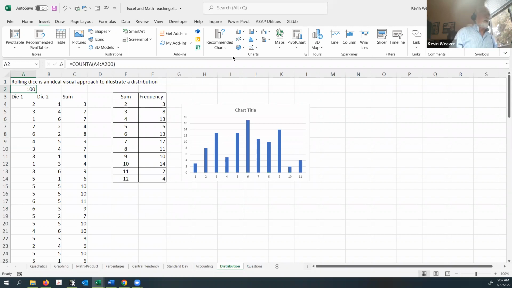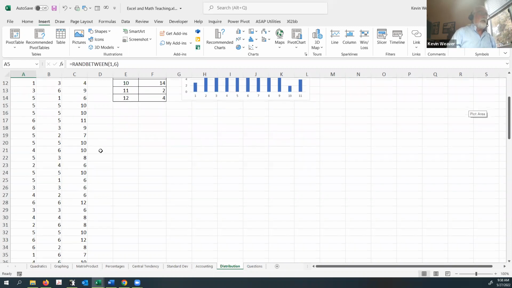So you can see that what I've written here is to select a random number between the range of 1 and 6. And so it picked a 2. Then I said, do it again. Pick an independent random number between 1 and 6. And it picked a 3, and so on.